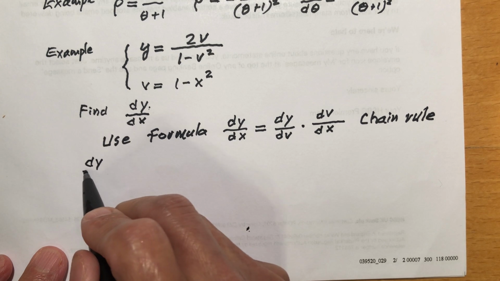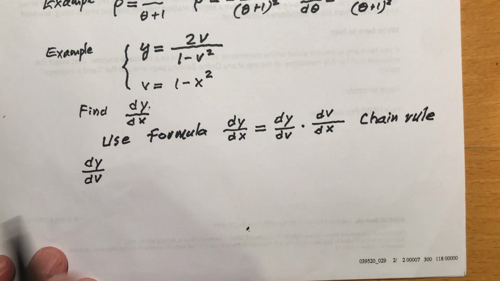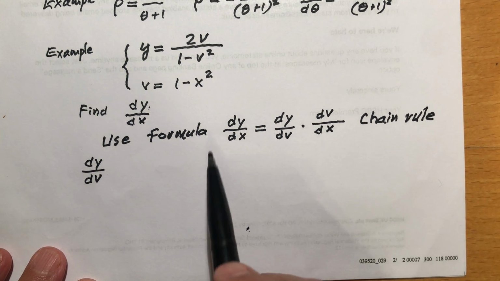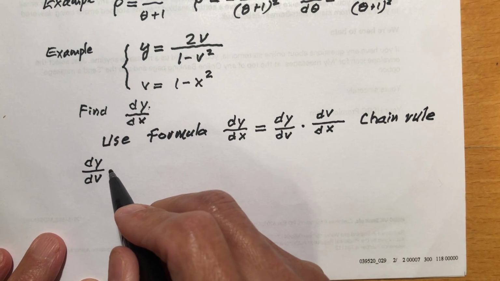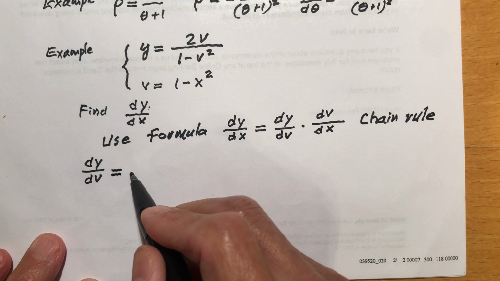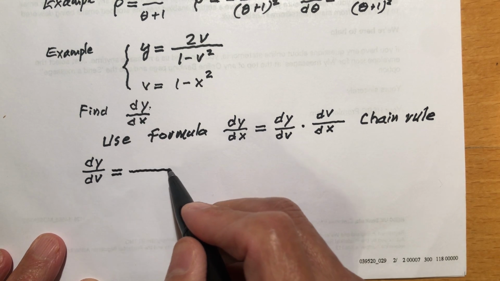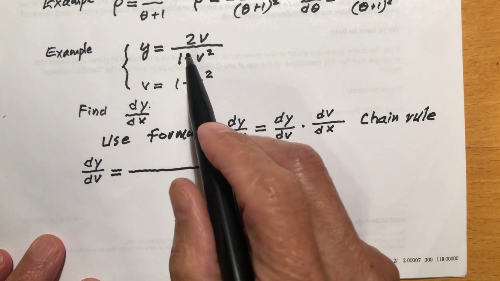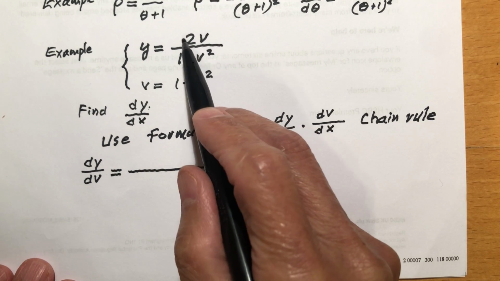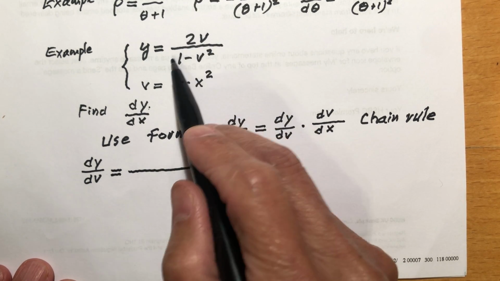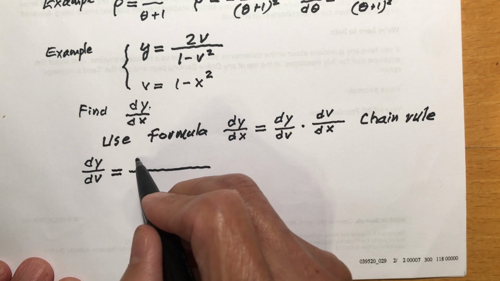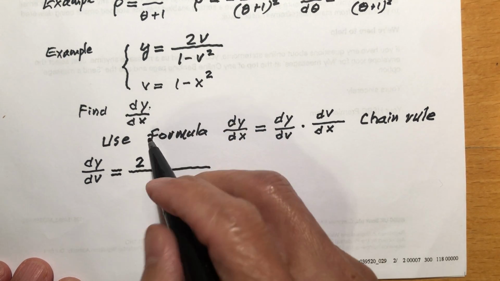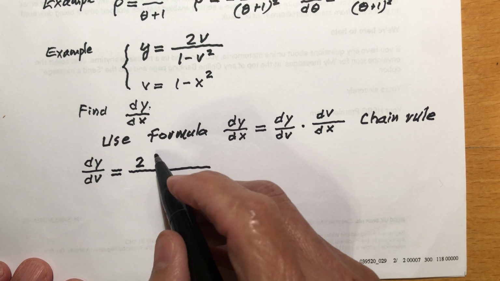First, I want dy by dv. Dy by dv is just the quotient rule, right? Remember the quotient rule: this is u, this is v, u prime v. U prime is 2, v is 1 minus v squared.